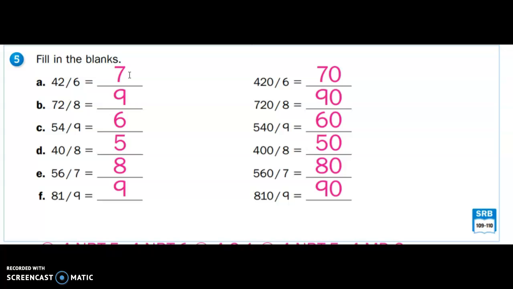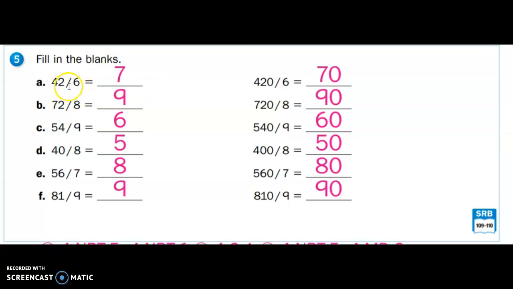That's right, multiplication. So if I read this problem backwards and change my equal sign to a times and change my division sign to an equal, let's read it backwards. You ready? 7 times 6 equals 42. It's a great thing to do.